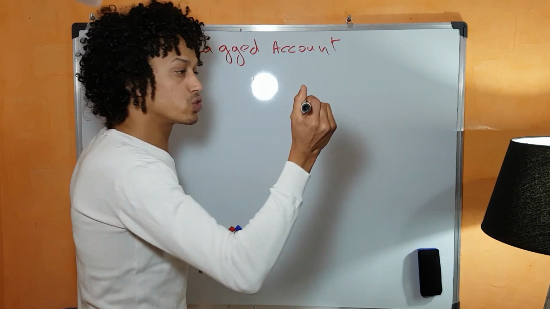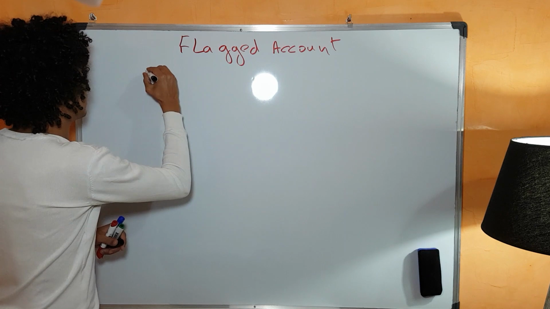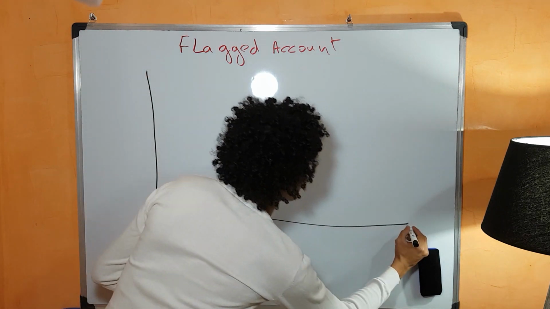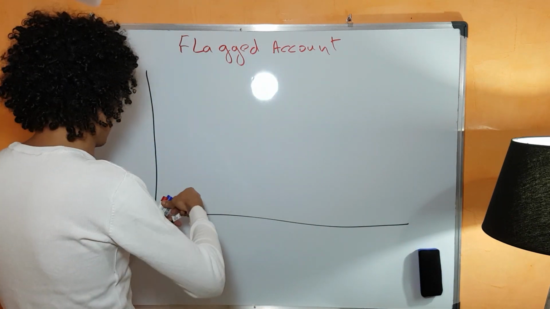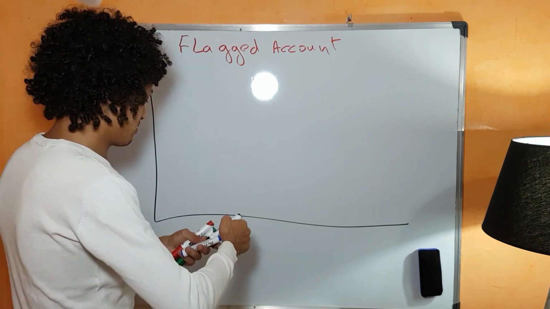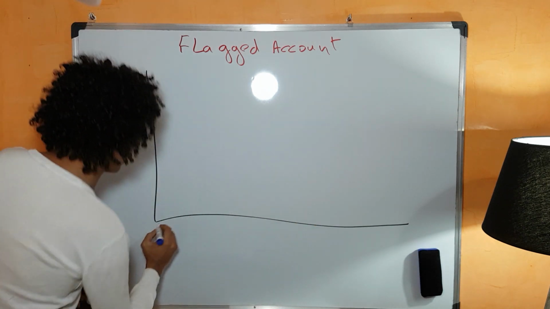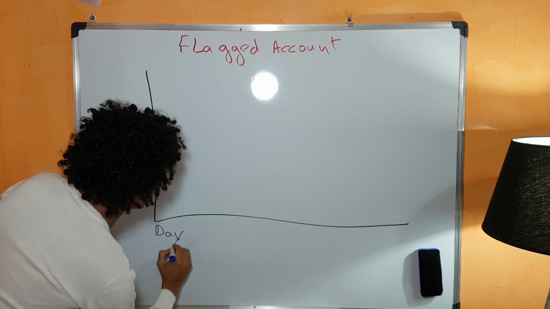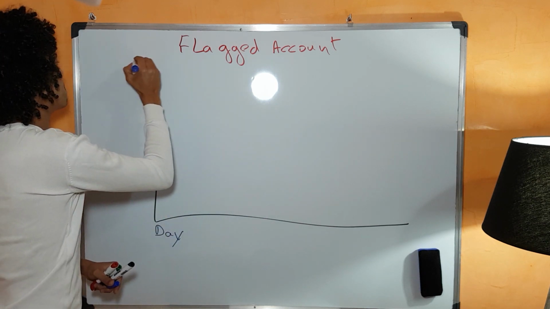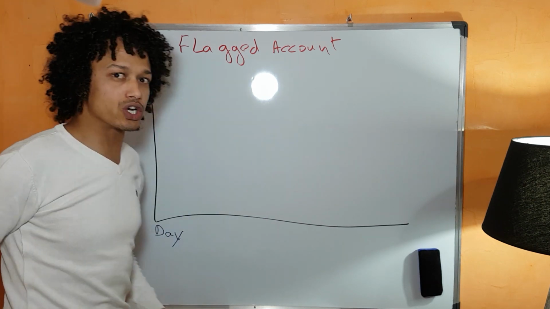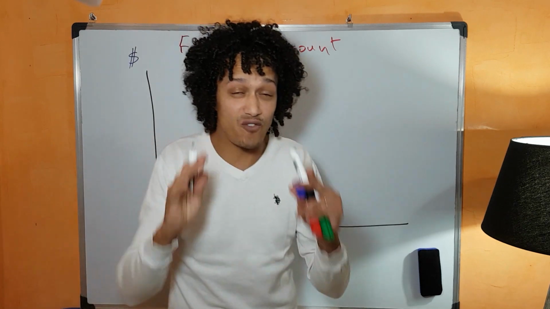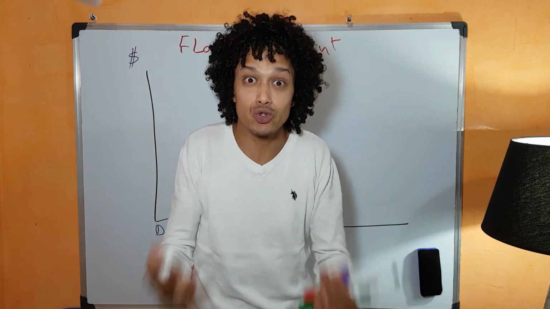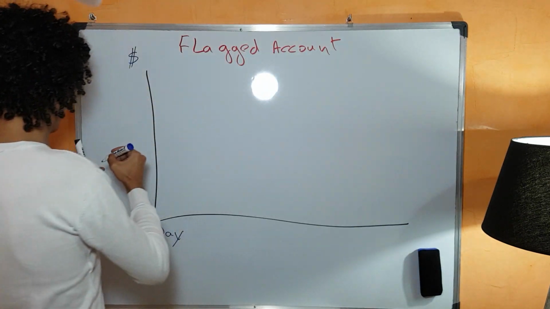So if your chart looks like this, and all of a sudden, here you've got days, and here you've got amount in dollars. All right, so this is very important, how you know that you got flagged. Look at this.